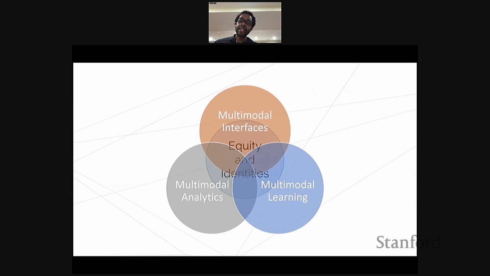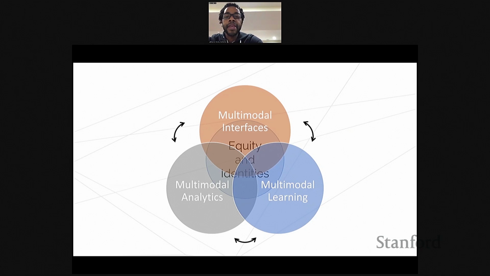Now, on top of this idea of centering equity and centering identities, I really focus on work in three areas. They're pictured here: multimodal interfaces, multimodal learning, and multimodal analytics. And I fundamentally see these three areas as being interconnected.